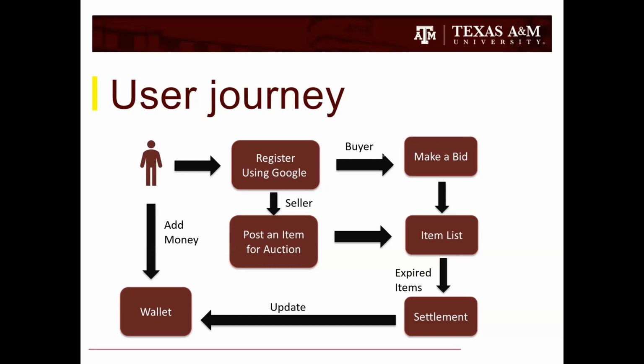The profile page will additionally allow a user to top up his wallet. A user can choose to either add virtual money or use real cryptocurrency like Bitcoins to top up his wallet. For the cryptocurrency option, we make use of Coinbase's payment API. We'll talk about it in detail in the following demo.